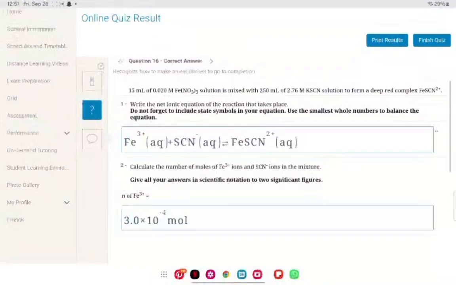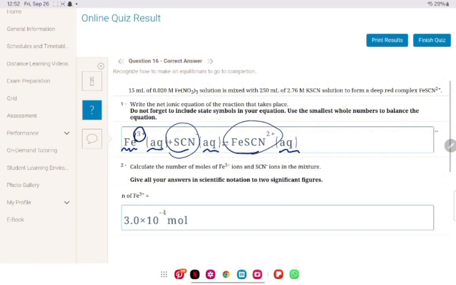You have to memorize the charges. So Fe3 plus, just memorize that, aqueous, they're all aqueous. Okay, SCN minus, and then FeSCN 2 plus. Okay, just memorize this.